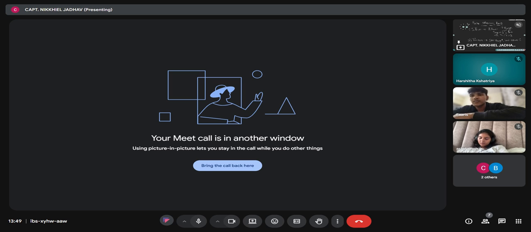Third, transmission frequency. This I had mentioned in radio theory. Higher the frequency, lower the range, or lower the frequency, higher the range.